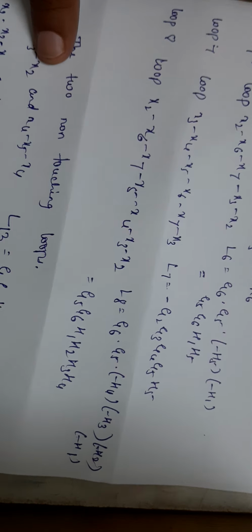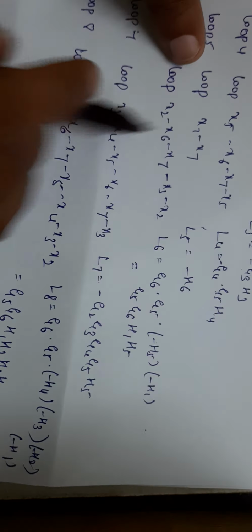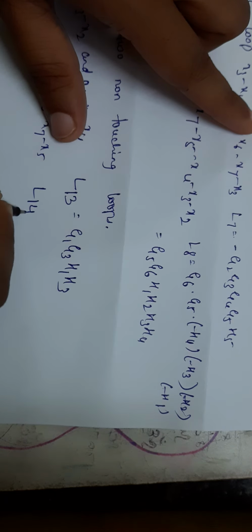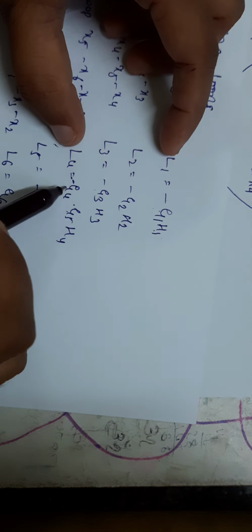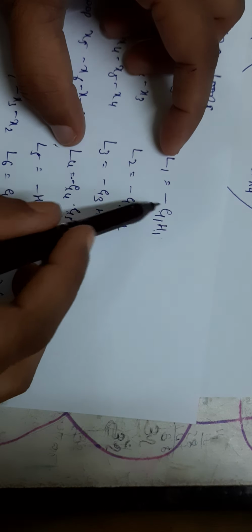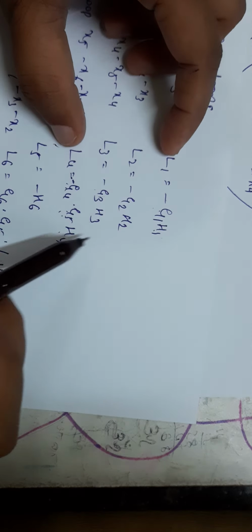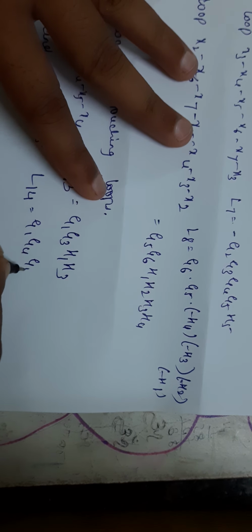X5, X6, X7, X5 is L4. That is L14. The product of L1 into L4 is G1 H1 into minus G4 G5 H4, minus into minus is plus, so G1 G4 G5 H1 H4.